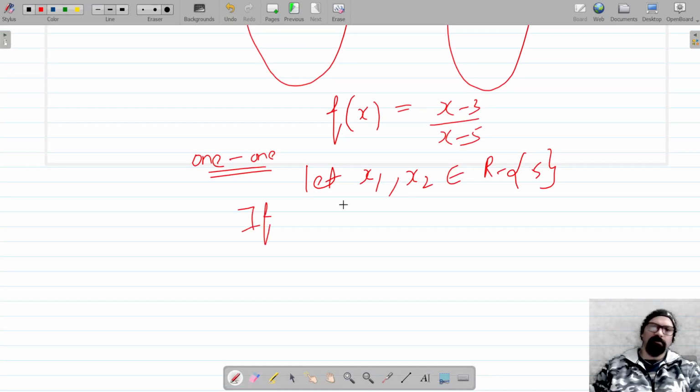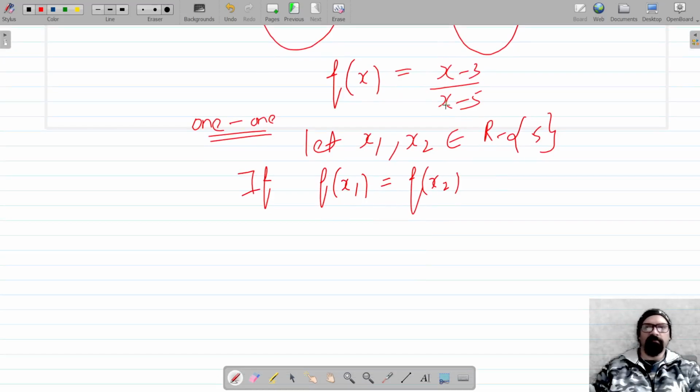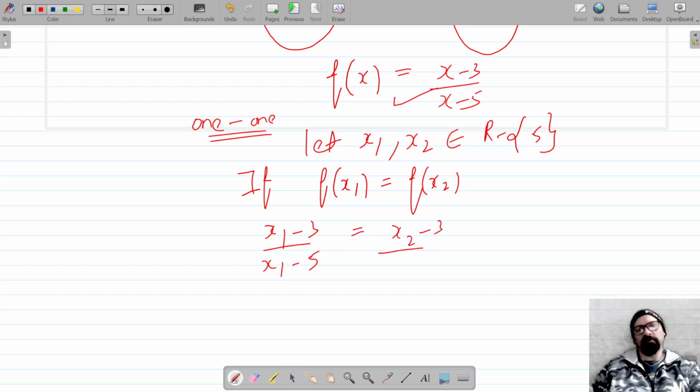And let's consider that if their images are equal, that means these two are not different but these two are also the same. So f of x1 according to this function is x1 minus 3 upon x1 minus 5. This is equal to x2 minus 3 divided by x2 minus 5.